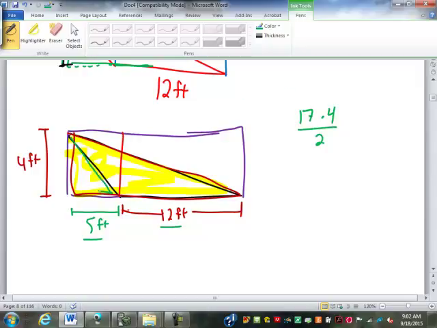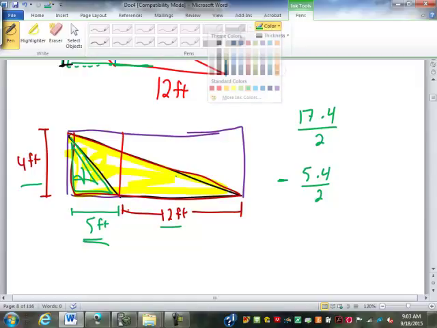This triangle here is a piece that's missing. It is half of the 5 by 4. Correct? I'm subtracting it out because that piece is missing. Right. Stay with me.